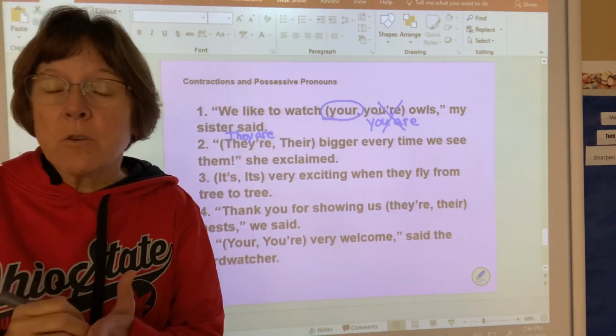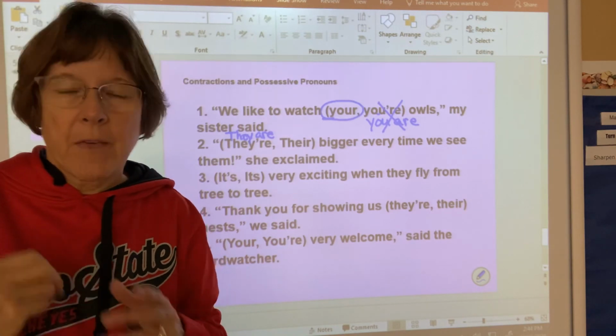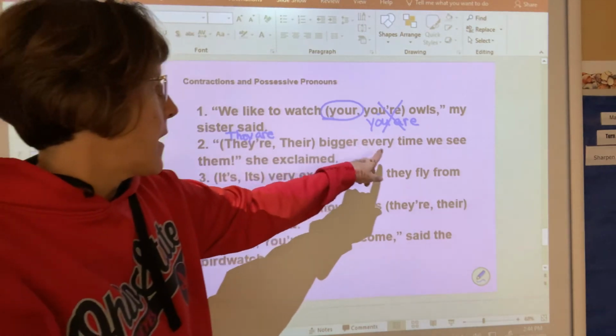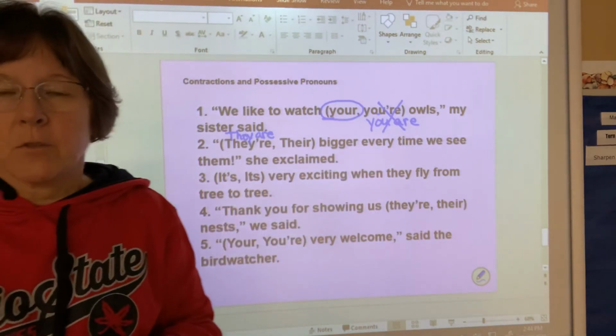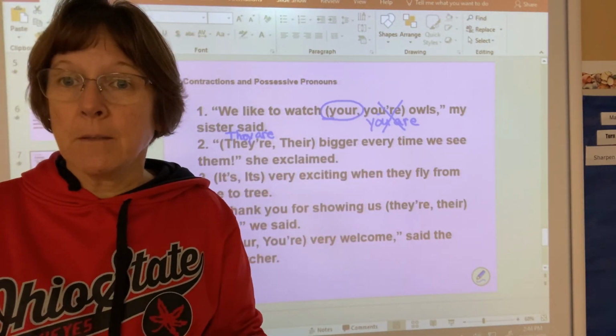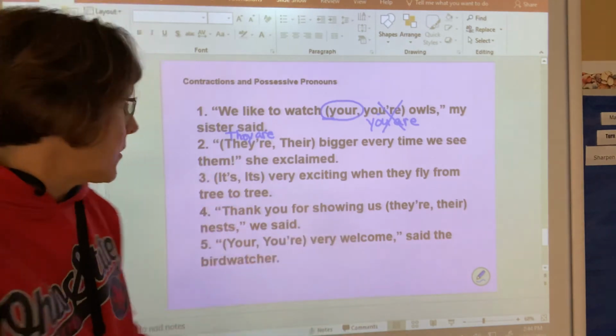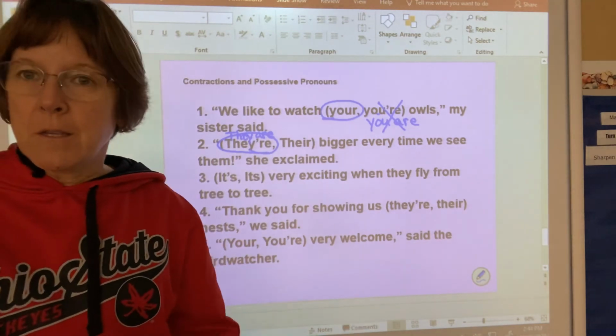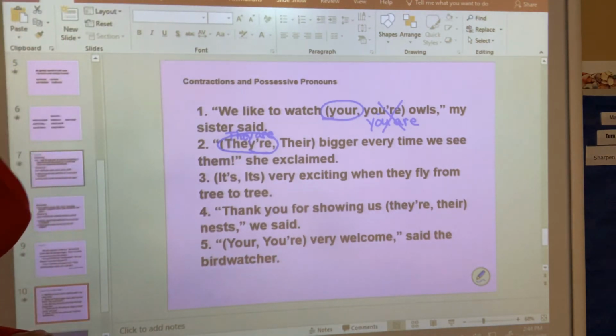Now, if I use those words in the sentence instead of they're, let's see if it makes sense. They are bigger every time we see them, she exclaimed. Does that make sense? It sure does. They are bigger. So they're, the contraction, is the correct one to use.